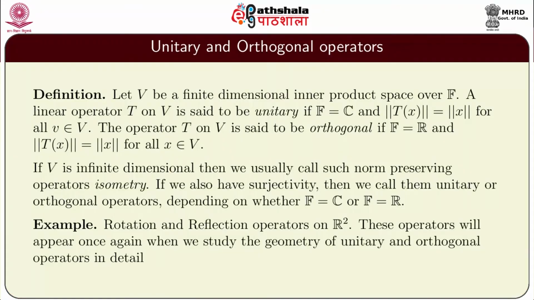Let us start. Let V be a finite dimensional inner product space over F. A linear operator T on V is said to be unitary if the field is the field of complex numbers and norm of Tx is equal to norm of x for all x in V. And the operator T on V is said to be orthogonal if the base field is the field of real numbers and norm of Tx is equal to norm of x for all x in V. If V is an infinite dimensional vector space, then we usually call such norm preserving operators isometry.